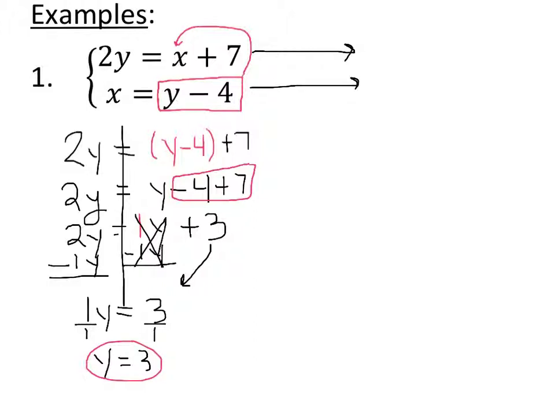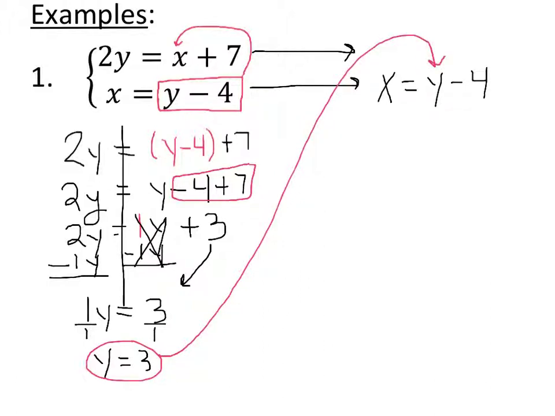It would be easier for us to use the x equals y minus 4 and substitute 3 in for this y, so that we would have x equals 3 minus 4, because we found that y is equal to 3, so we can substitute that 3 in. And then we can solve, and we can say x equals, and 3 minus 4 is a negative 1.